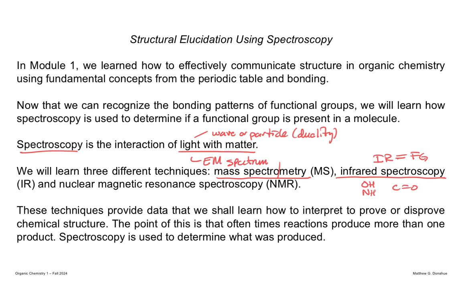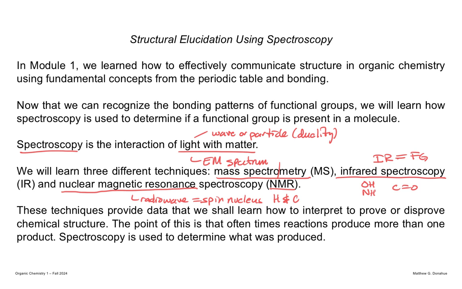The last one is called nuclear magnetic resonance spectroscopy, or NMR. This deals with radio waves and how they affect the spin of the nucleus. From that, we're basically able to determine the unique H and unique C's in the molecule.